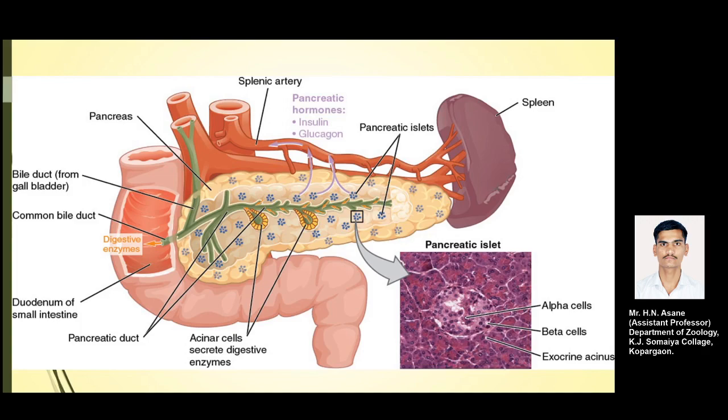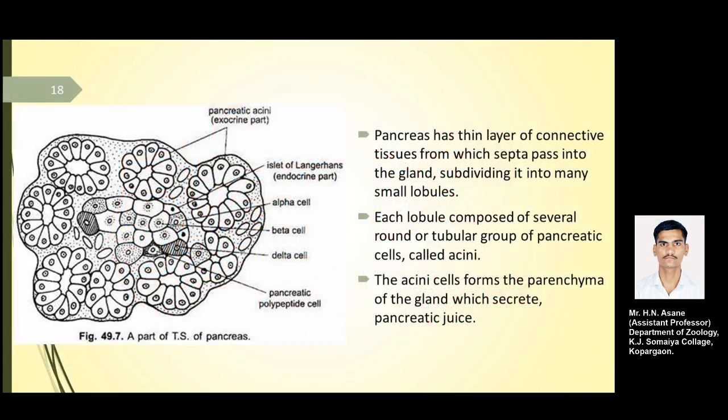Okay, so the endocrine pancreas, that means the islets of Langerhans, forms the endocrine part of the system. They are scattered throughout the exocrine part of the pancreas. These are distinct groups of specialized cells occurring in between the acini or along the duct.